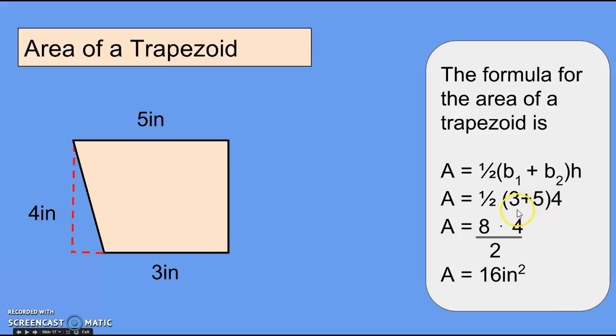Okay, we solve parentheses first, same as always. 3 plus 5 is 8, multiplied by 4, and we're taking half of that. 8 times 4 is 32, divided by 2 is 16. The area of this trapezoid is 16 square inches, which is half of what the entire parallelogram was, which is the same as what the rectangle was. Okay, so this is your fun formula.